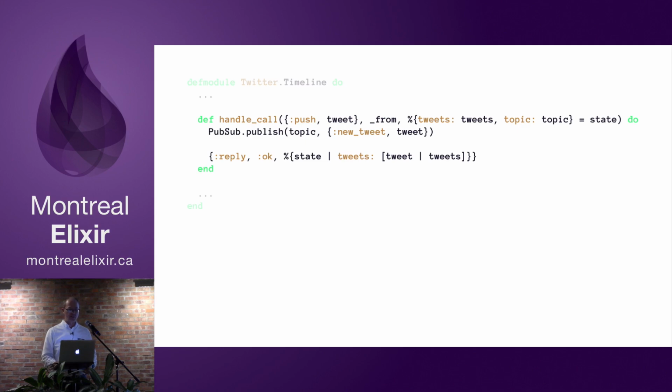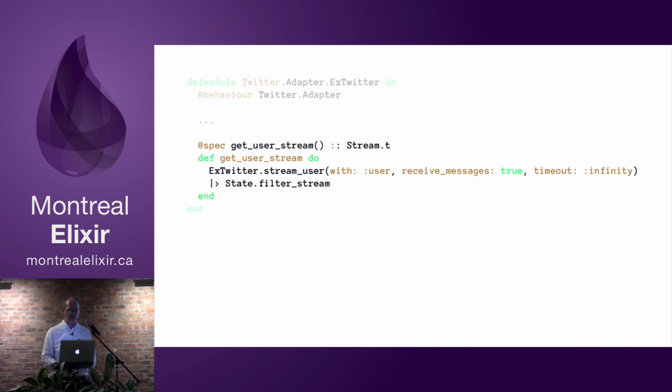So the get user stream in the adapter for the real package we're using, xTwitter, is simply calling the stream user function from the package, and we need to give it some arguments here, timeout infinity, so that it's constantly reading the stream. When we get messages from Twitter in the stream, we get all kinds of messages.